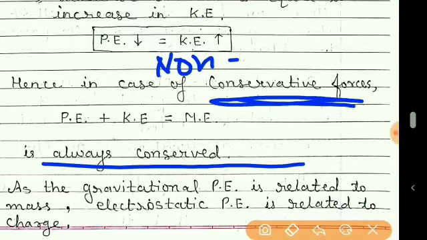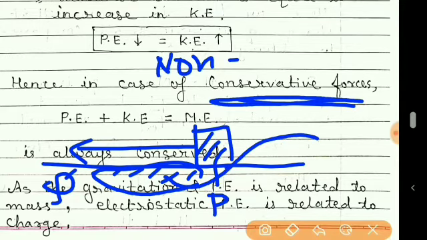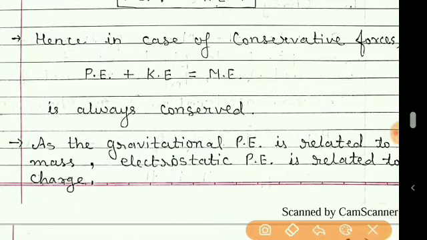If I move a block from one point P to other point Q, in that case we know that as the block moves there will be friction with the surface, and due to this friction some of the energy which is used gets converted into heat, and so we can say that the frictional force is a non-conservative force.